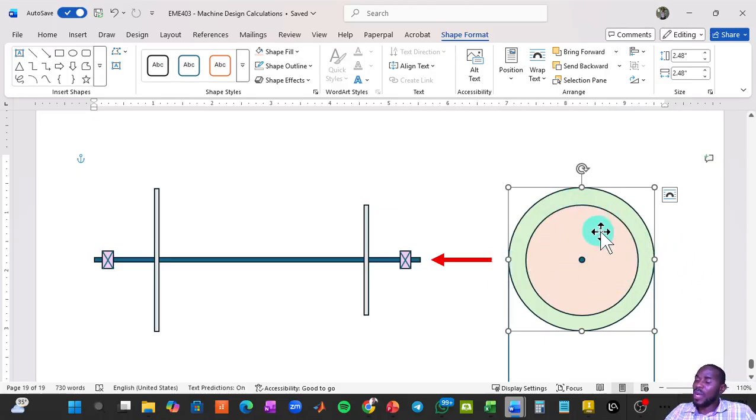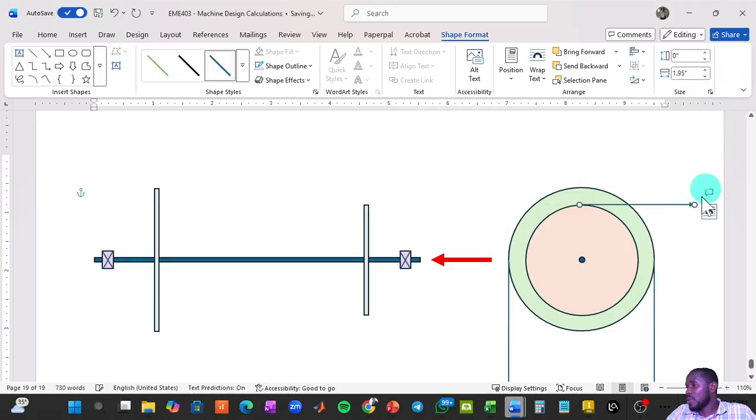Now, this pulley, we are told, is driven by a motor that's placed to the right. What that means is that there is going to be the arrow that shows us the tension acting in that direction. Okay, that's excellent. Like so.